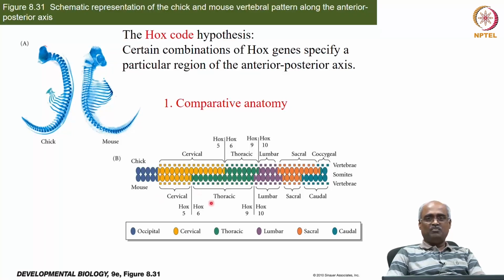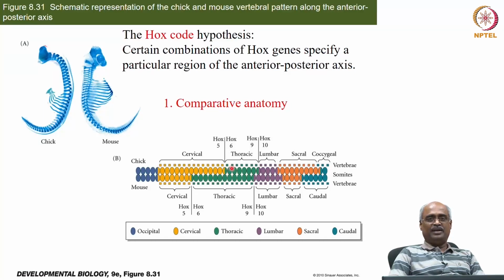Now another important point I wanted to mention before going ahead is that a given segment's identity seems to be determined by the posterior most gene that is expressed there. For example, here the posterior most gene expressed is Hox6, and that is what determines whether it is going to become thoracic or cervical. This results primarily because the anterior gene's expression is restricted by the posterior gene expression.